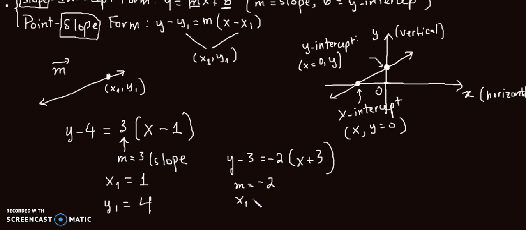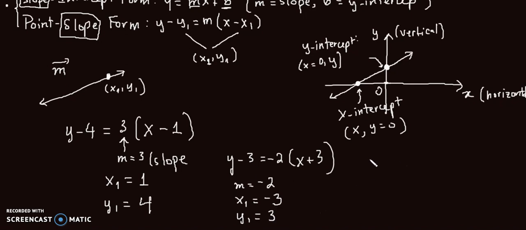Then x1 is a little bit tricky. You see the positive here, so you have to change the sign of this number. If you see a positive in front of the number, then you change the sign to negative, so x1 is negative 3, and y1 equal to 3.